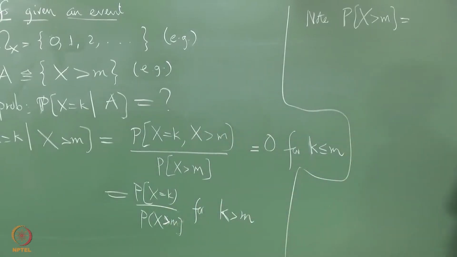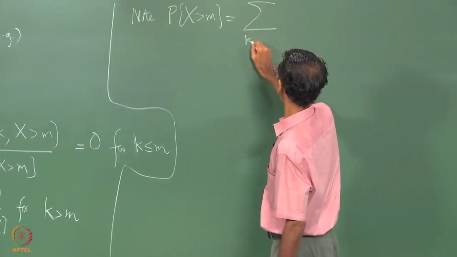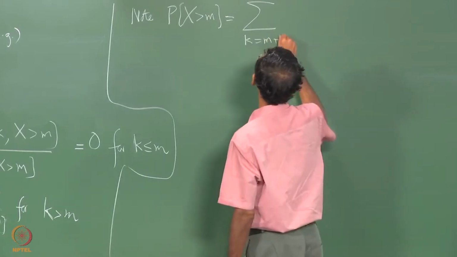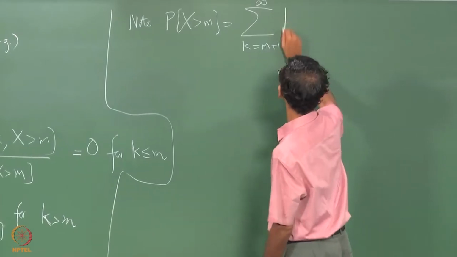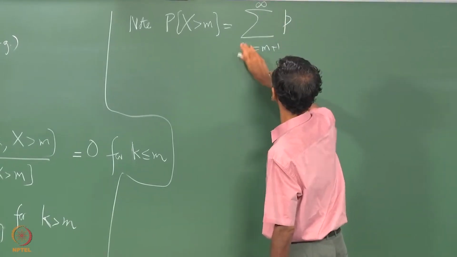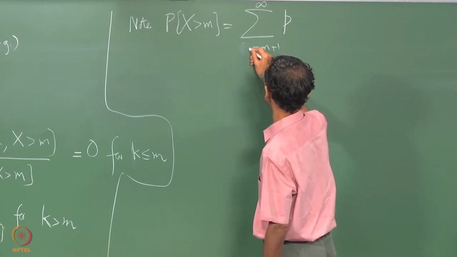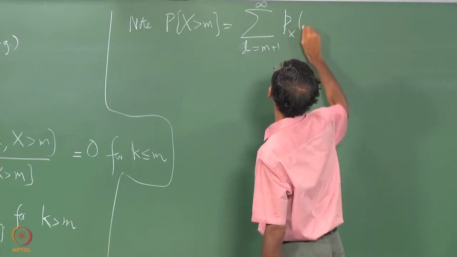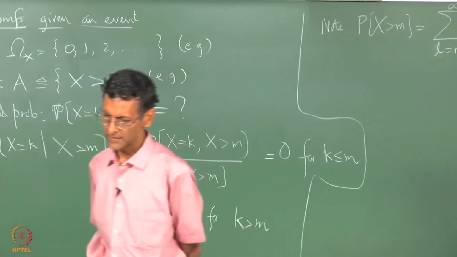In terms of the PMF, this is the summation from m plus 1, in general it can go up to infinity, of Px of l, where I am using some other dummy variable of summation, L or I, anything.